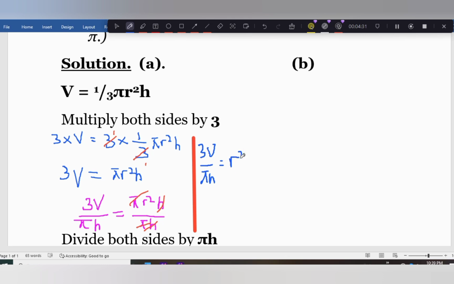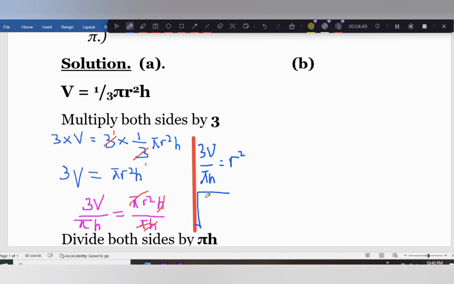In order to eliminate this square so that we have just r as the subject of the formula, we take the square root of both sides.